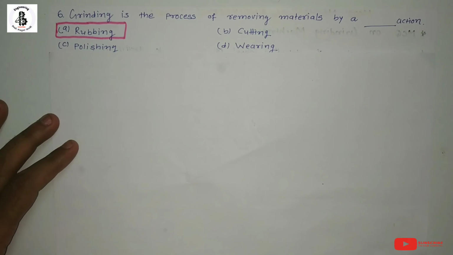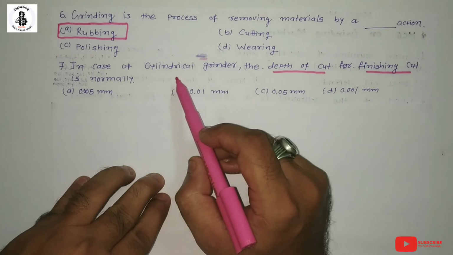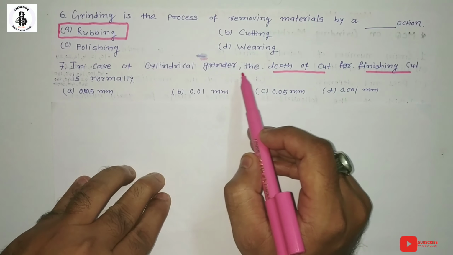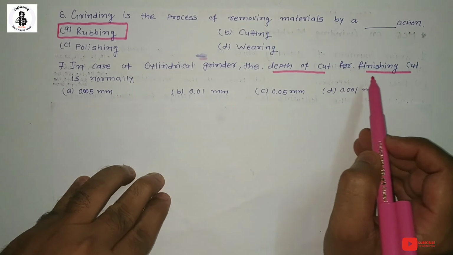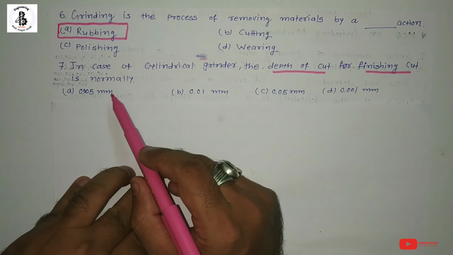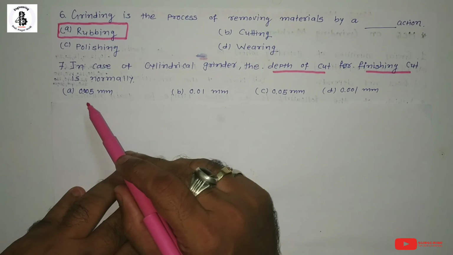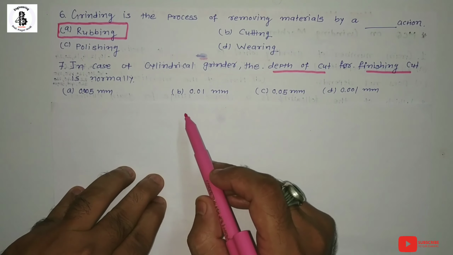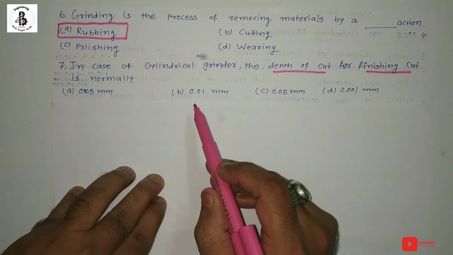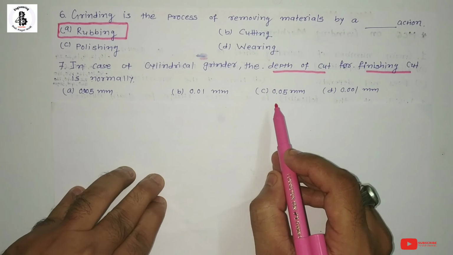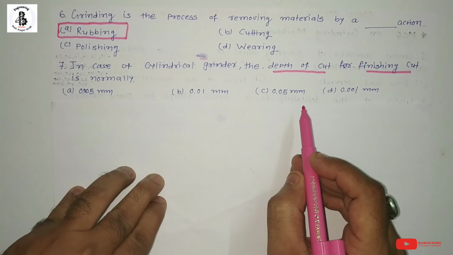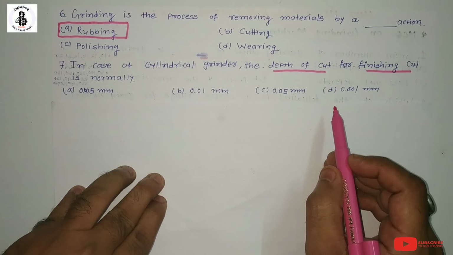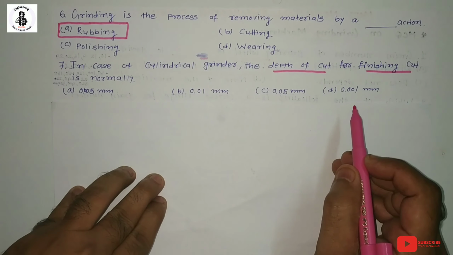Then next question. In case of a cylindrical grinder, the depth of cut for finishing cut is normally option A 0.005 mm, option B 0.01 mm, option C 0.05 mm, and option D 0.001 mm.